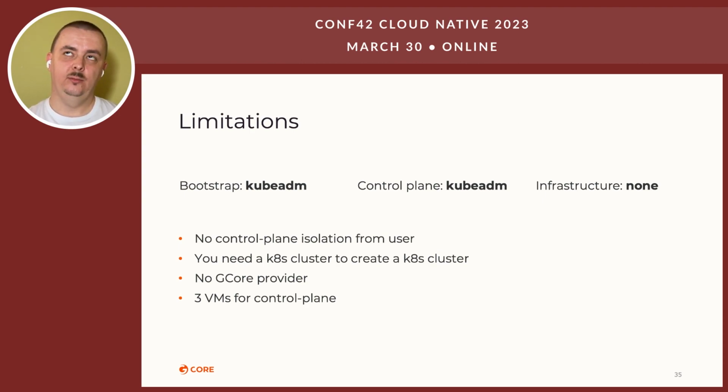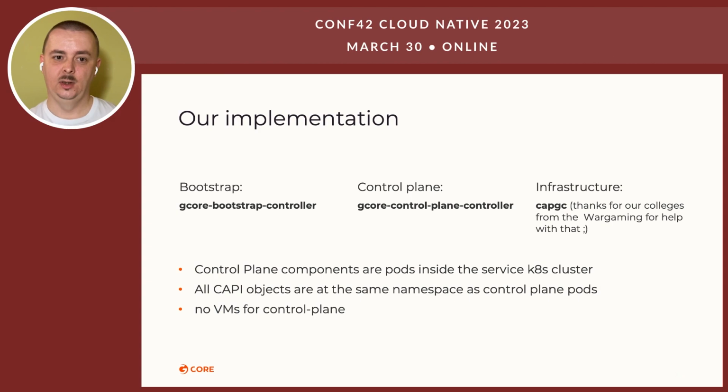And that's the provider for the cluster API which uses kubeadm. And there is no infrastructure provider for the gcore infrastructure. And what other limitations can we see? There's also no control plane isolation from the user. You need a Kubernetes cluster to create another Kubernetes cluster, and there is no gcore provider. And we still have 3 virtual machines for the control plane if we use kubeadm.